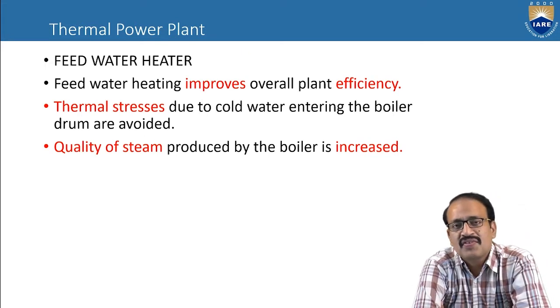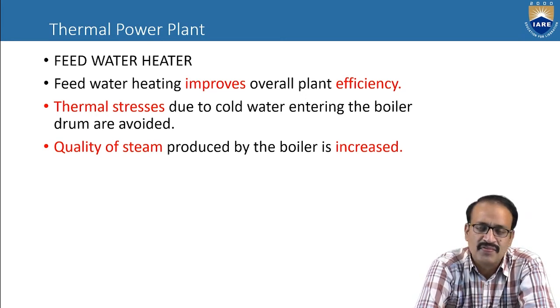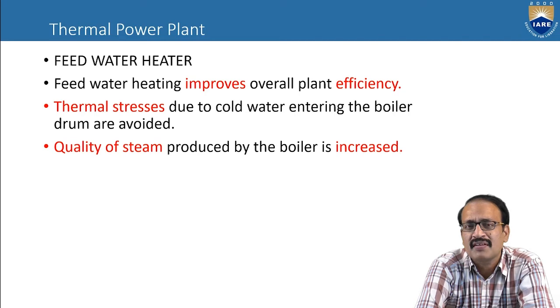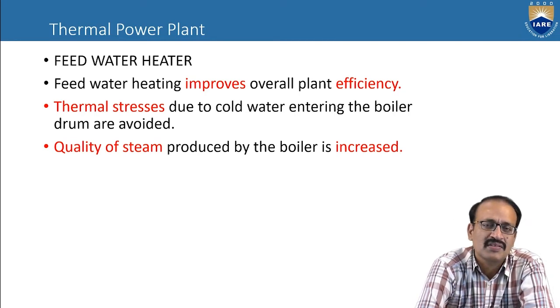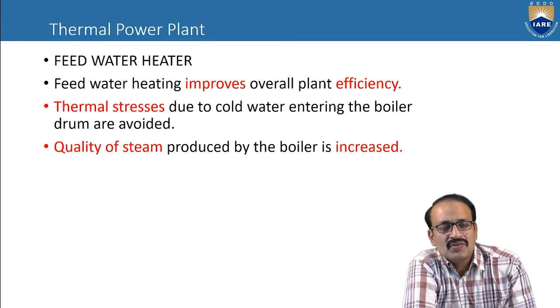Next, the thing is the feed water heater. The flue gas which is coming out of the furnace, out of the boiler after firing, would otherwise go waste to the chimney.